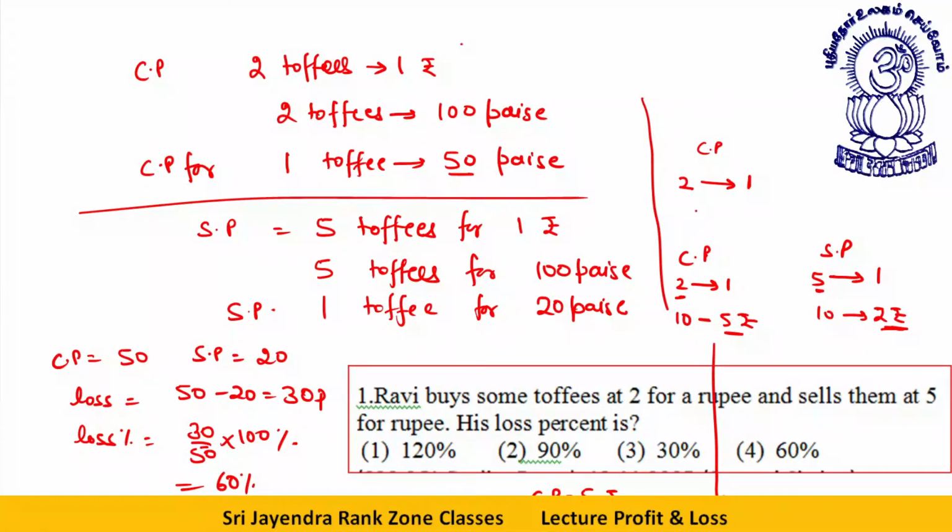See, what I said is CP, two toffees for 1 rupee, SP 5 toffees for 1 rupee. What is the LCM of 2 and 5? The LCM of 2 and 5 is 10. So let's assume 10 toffees were bought and 10 toffees were sold.